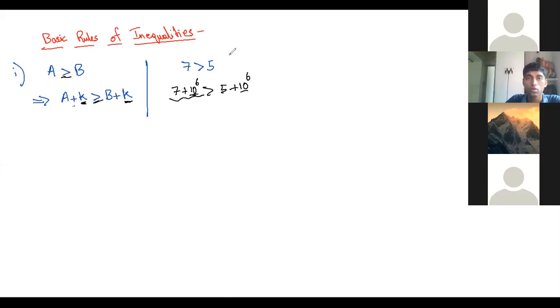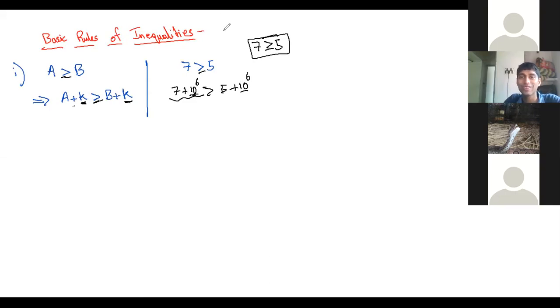Here the example will look absurd, because is this true or not? 7 greater than or equal to 5. Is this true or not? Sir, false. No, it is not false. It is true. Because you're telling it is greater than 5 or it is equal to 5.